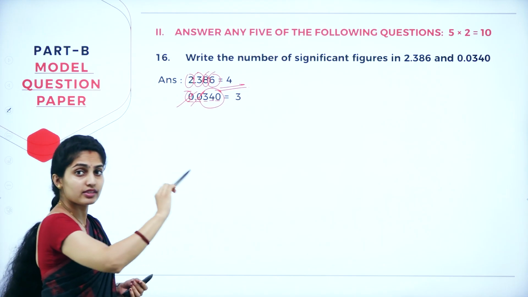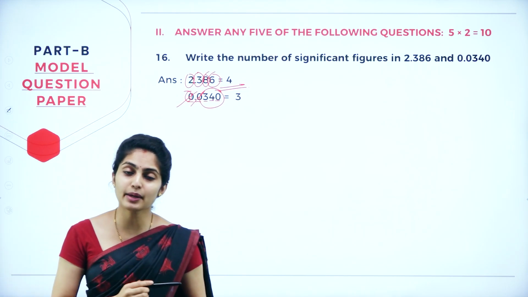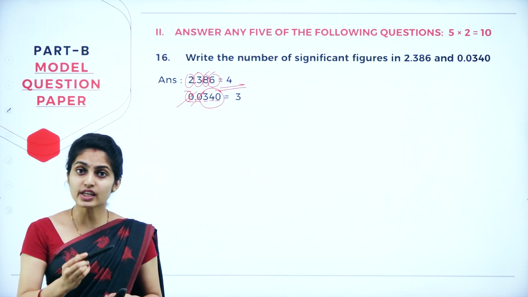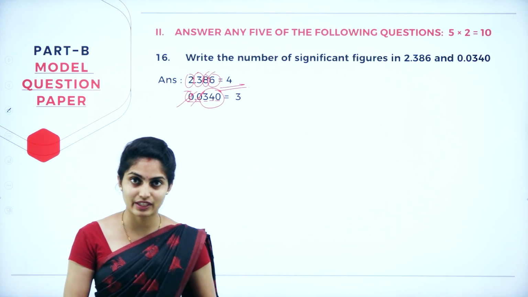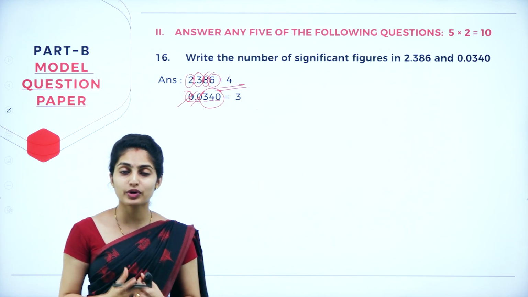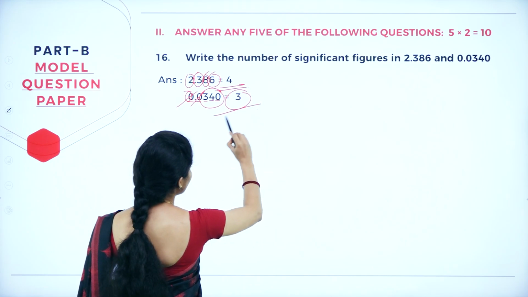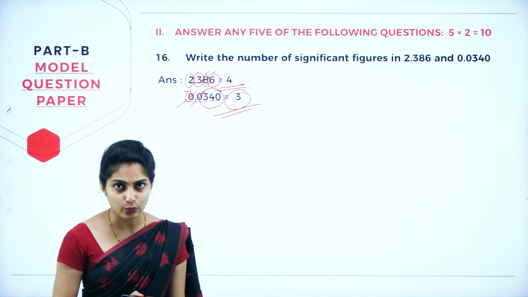The 0 which is after the non-zero digits can be considered as significant, but the 0 just after the decimal point is not significant. So this question is very easy for you to understand if you know the rules. So we have 3 significant figures left. So that is all about your 16th question.